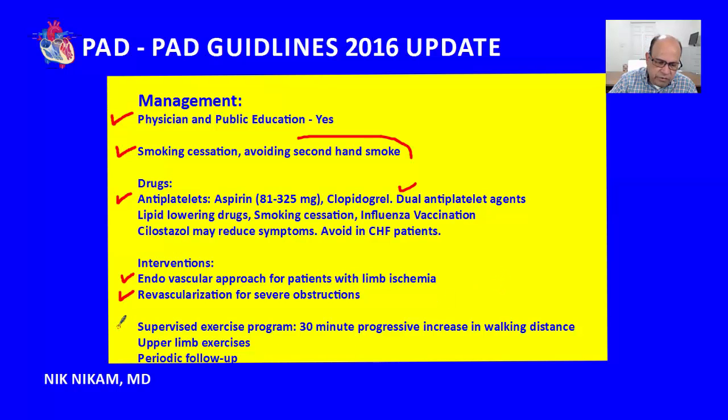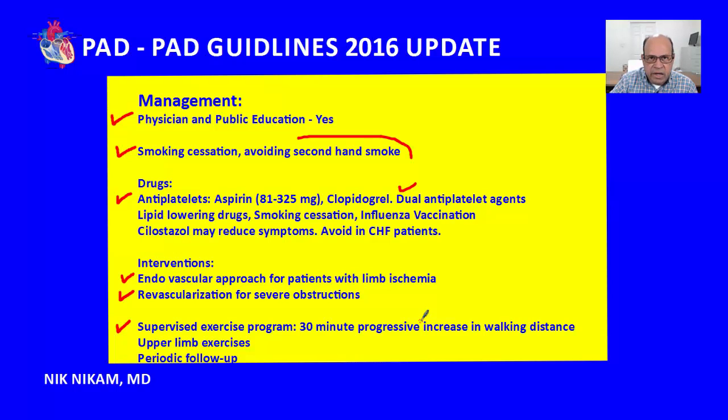And the most significant recommendation in the 2016 PAD guidelines is a supervised exercise program. This is a symptom limited exercise program which is to gradually help these patients to increase their walking distance.